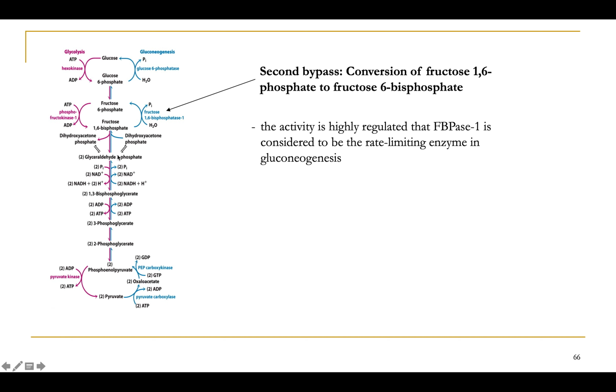So then finally, through this opposite rebuilding of the 6-carbon backbone, we end up with fructose 1,6-bisphosphate. In this step, if we go back to the glycolysis pathway, we would remember that this is a highly energetic molecule.